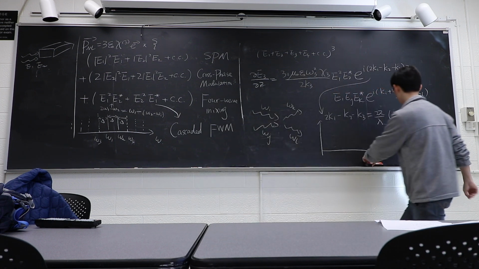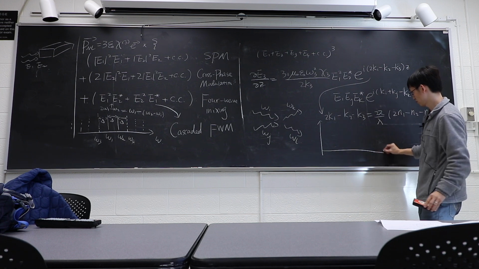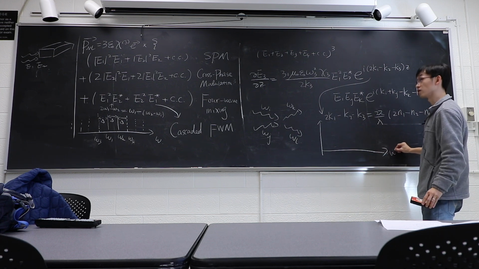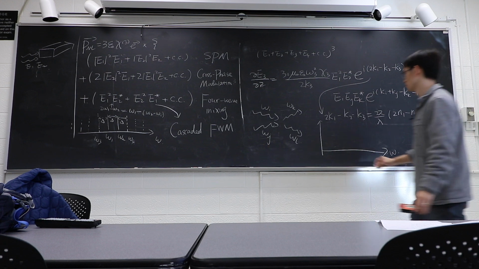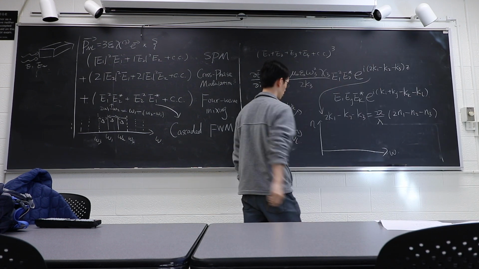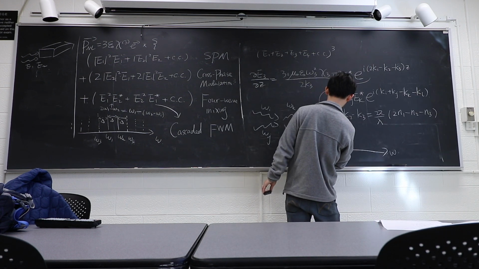And previously we know, from your midterm, that you can have omega here. This is your refractive index. Usually it will look like this.